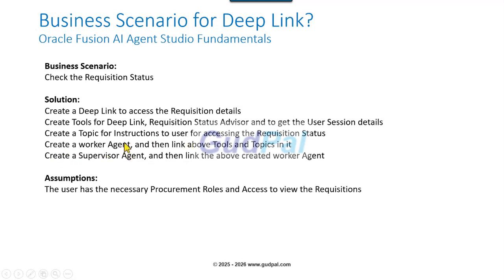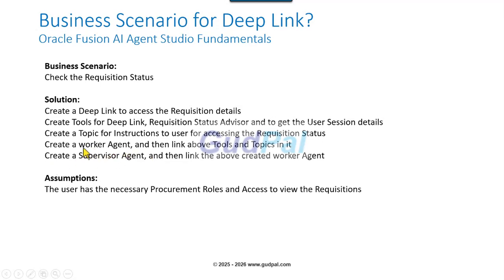Within that worker agent, you embed all three tools, which include the requisition status advisor, the deep link tool, and the user session details tool. So you'll have three tools, and you also embed the topic. Finally, you create an agent team, and within the agent team, you create a supervisor agent.